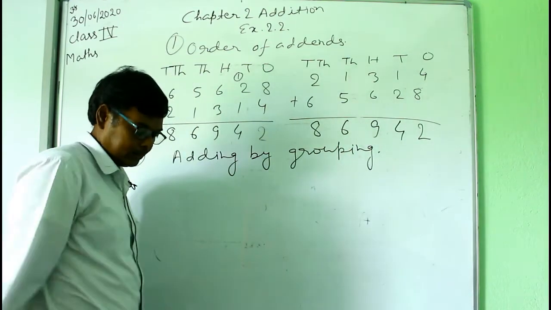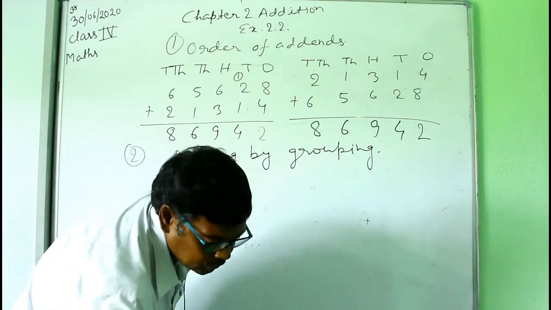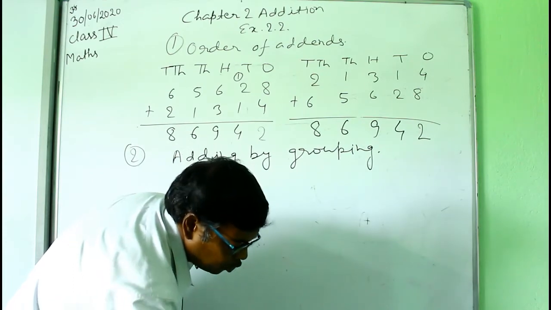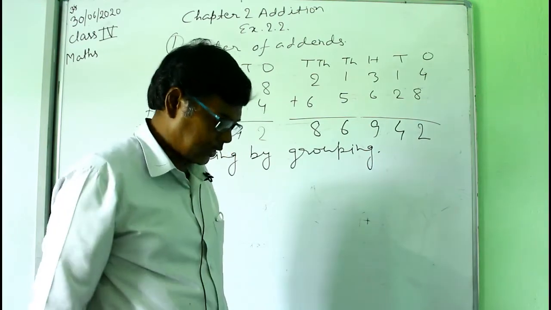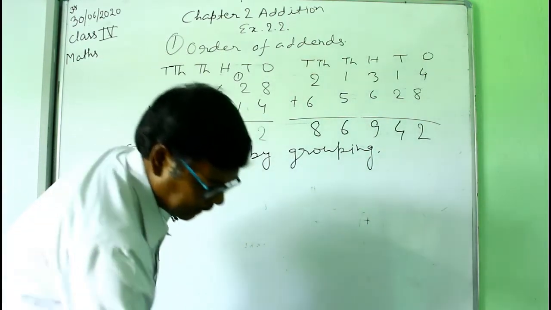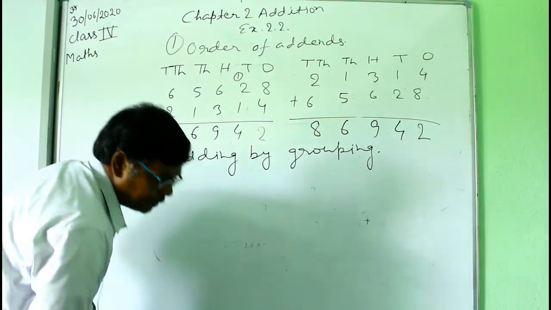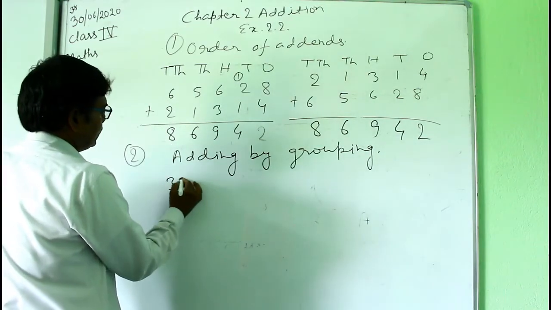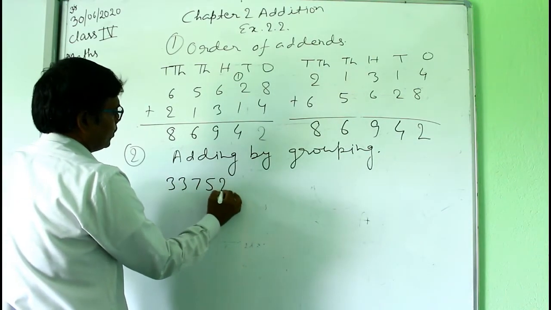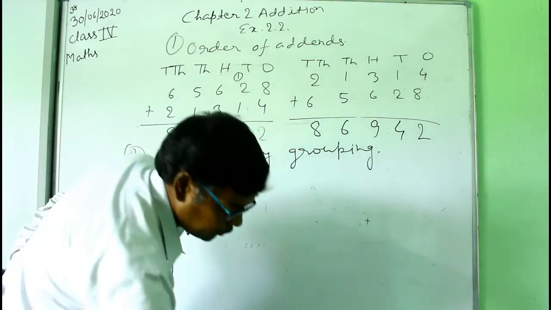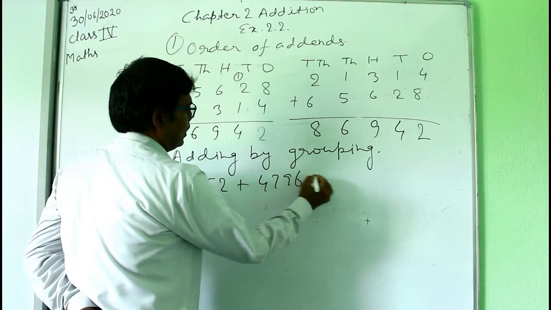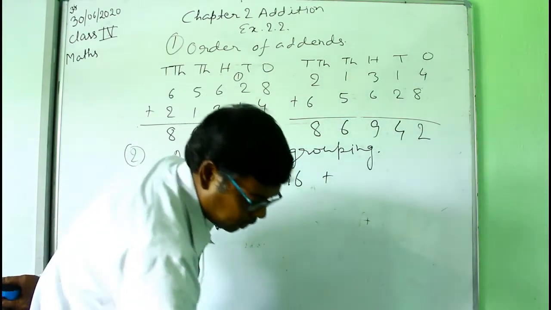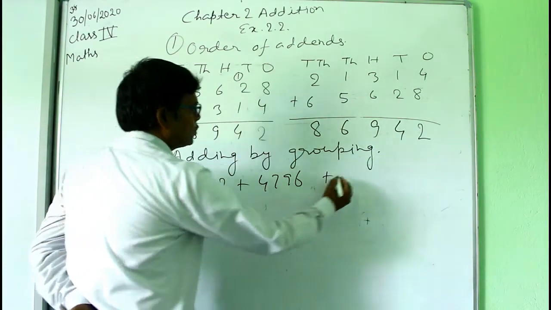Adding by grouping. Here we will add three or more numbers by grouping the digits. So for example, first let us have the number 33,752, and the other number is 4,796, and the third number is 45.